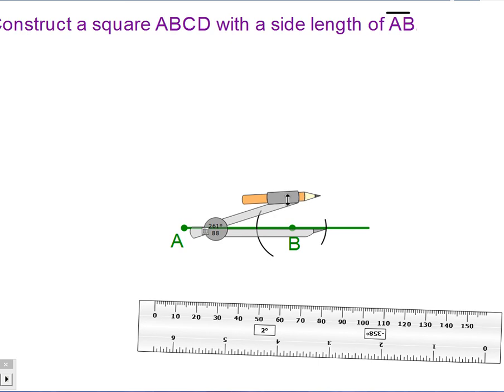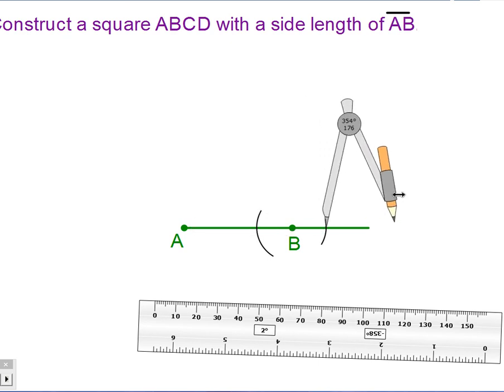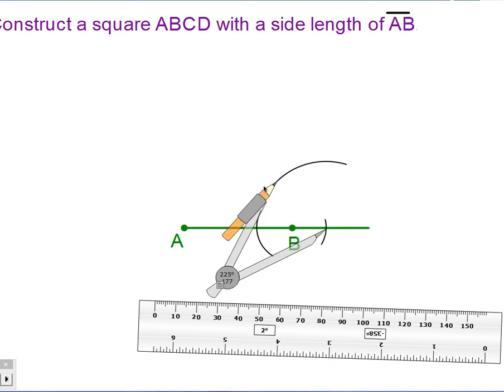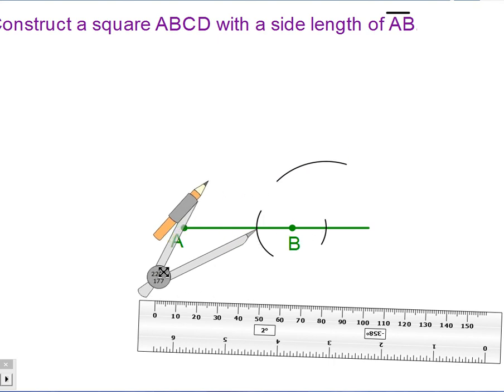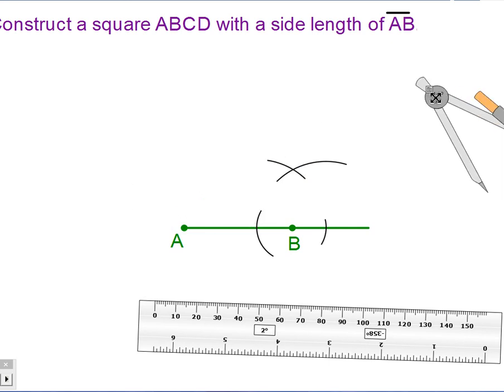You know what? This needs to be a little bit larger. So I'm going to expand it so this one is the same all the way around. Expand it a little bit so that I can get a better picture. I'm going to make an arc here, go to this intersection, make an arc there. And since this and this are equidistant, I've made a 90-degree angle.